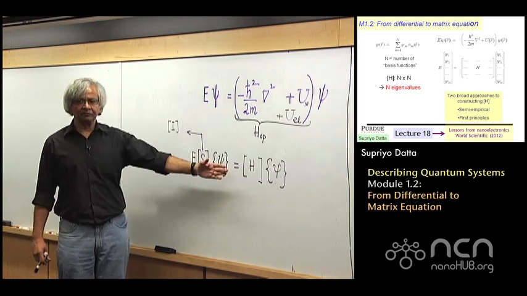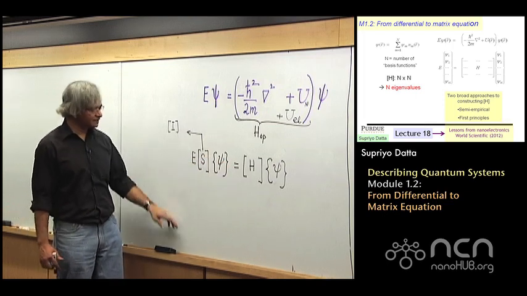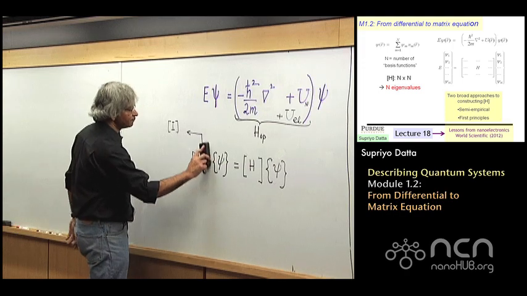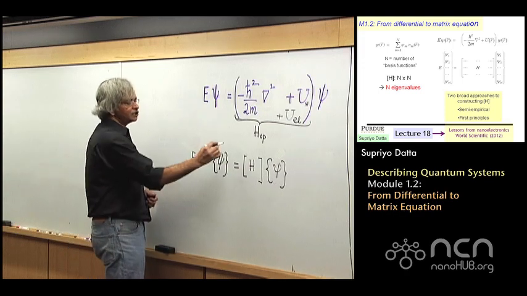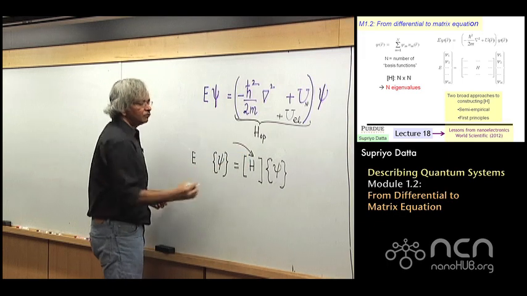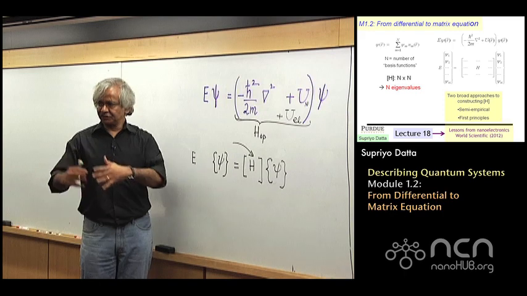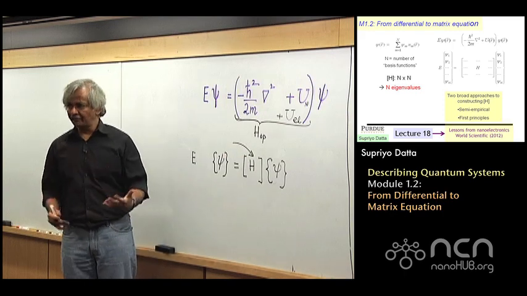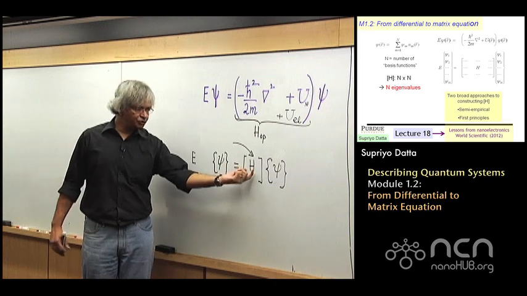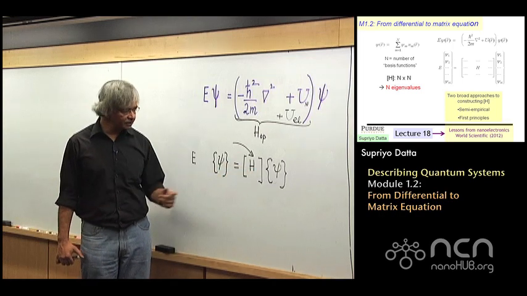Anyway, the point I wanted to make is the models we will be using will assume that this S is an identity matrix, which means it basically drops out of here. And this H we'll be choosing so that it matches certain experiments, what is well known about certain materials. Like if you're talking of graphene, if you're talking of silicon, you choose the elements of this matrix so it matches the known properties of those materials.